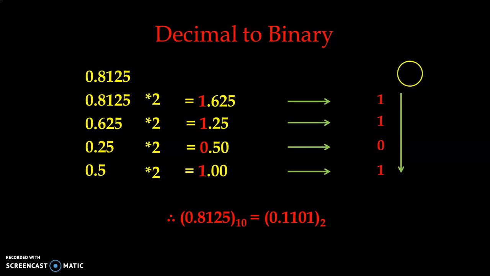We can write 1101 in the same way, starting from the top and traveling to the bottom. So after the point, we can write this fractional value as the equivalent binary number, that is 1101. You have to notice how we can write these numbers.